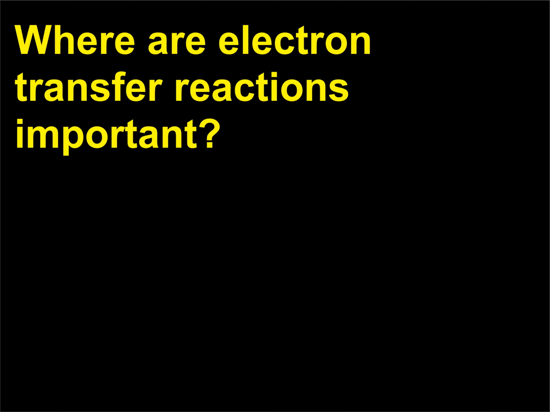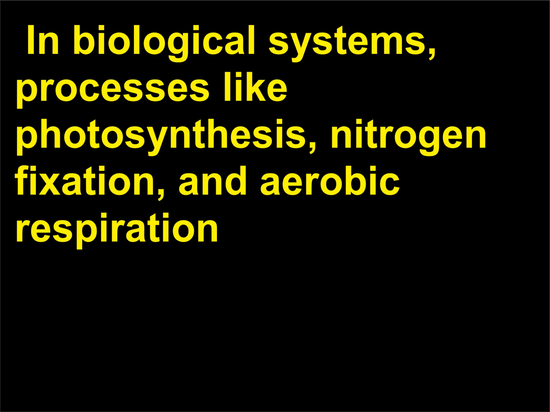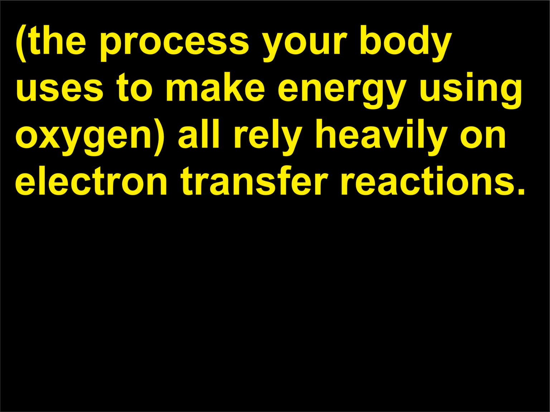Where are electron transfer reactions important? Electron transfer reactions are important in many areas. In biological systems, processes like photosynthesis, nitrogen fixation, and aerobic respiration, the process your body uses to make energy using oxygen, all rely heavily on electron transfer reactions.